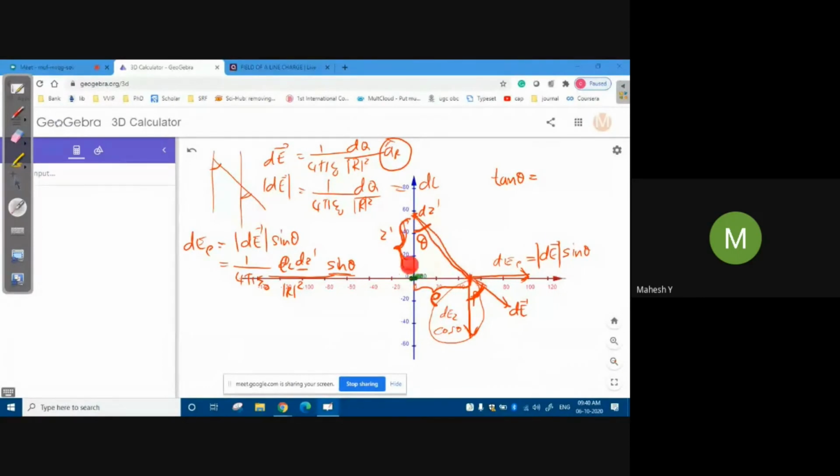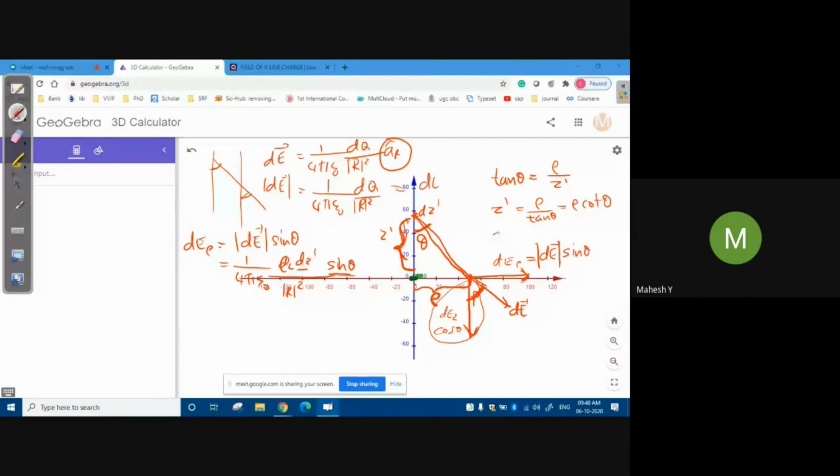What is tan theta? Rho by z prime. So what is z prime? Rho by tan theta. I'm interchanging z prime and tan. So it is rho cot theta, because 1 by tan theta is cot theta.